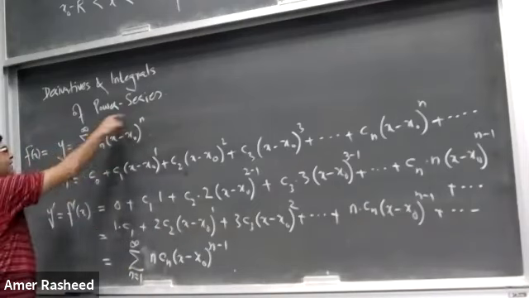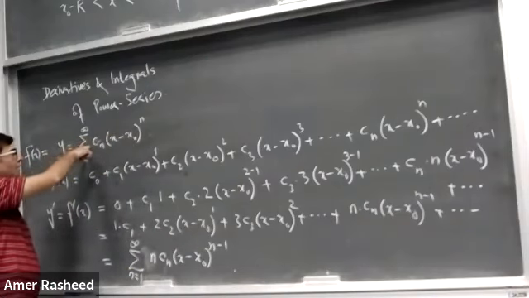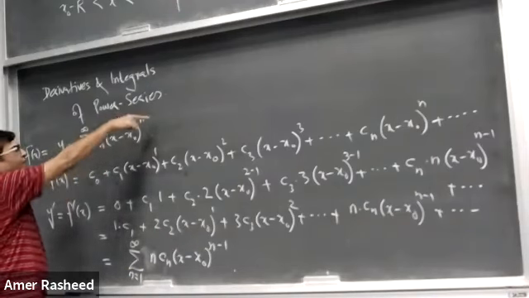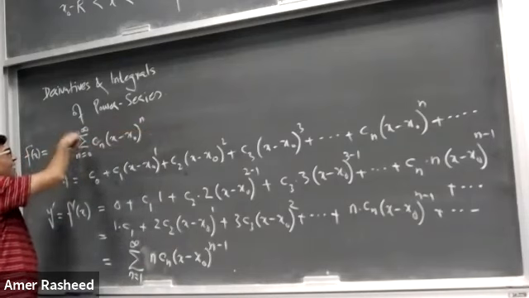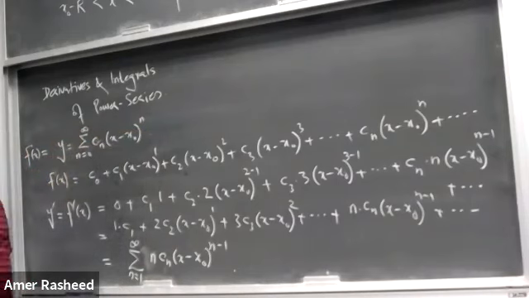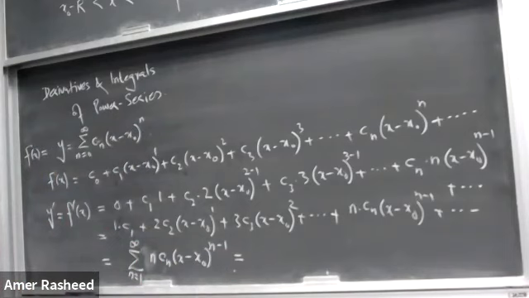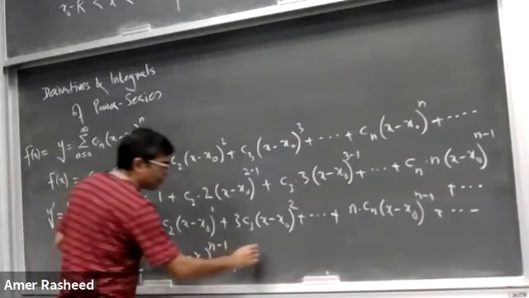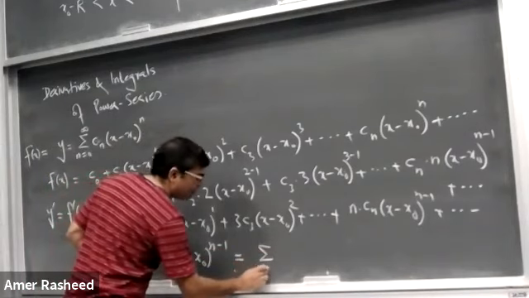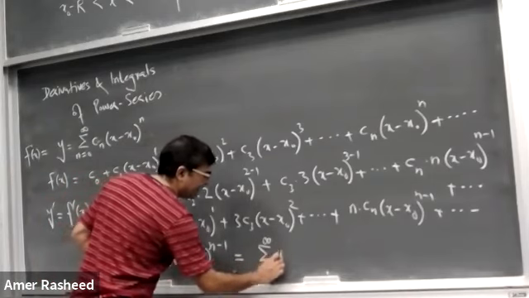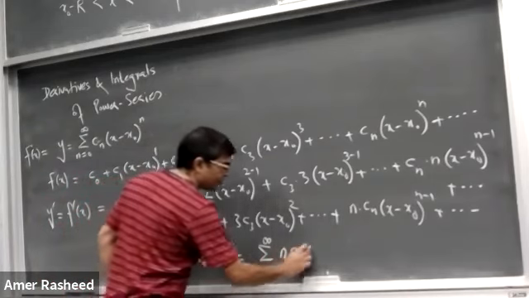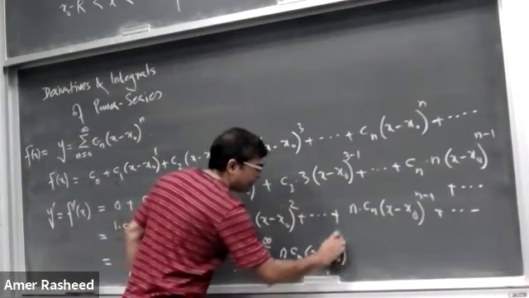You just take n down, n Cn power n minus 1, and the summation becomes n from 1 to infinity. Okay. But even if you write this summation from 0 to infinity, it doesn't change anything. n from 0 to infinity, n Cn (x minus x naught) whole raised to power n minus 1.